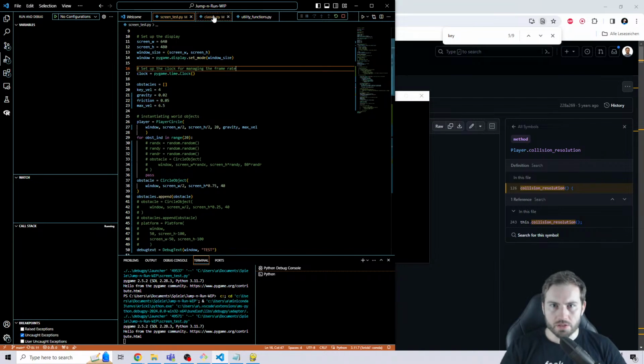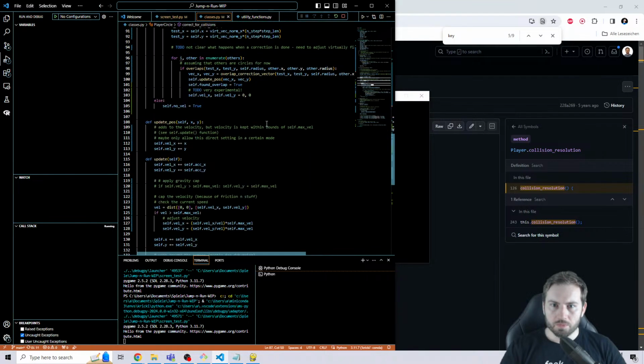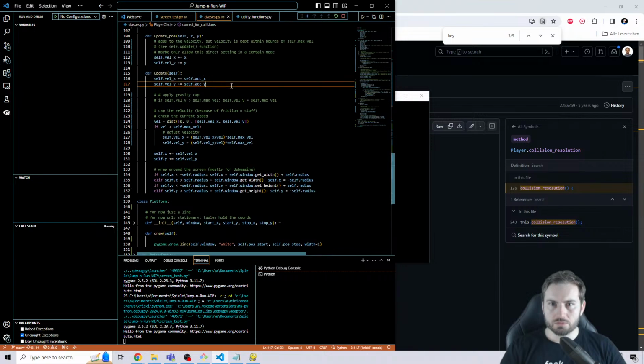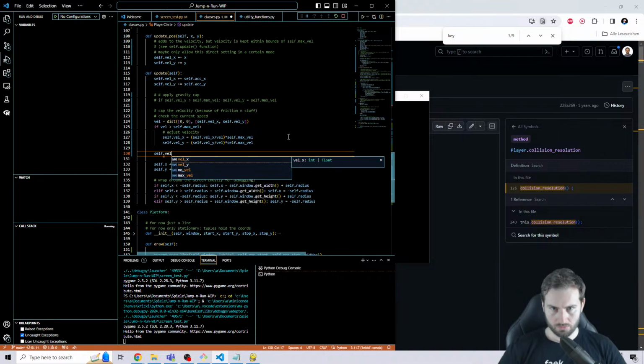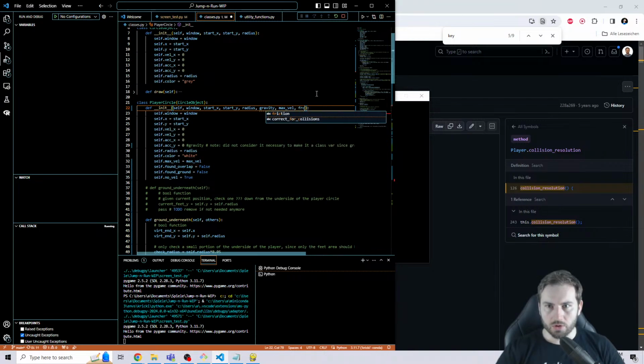So that in every update the velocity is reduced by friction. Really have to bundle these things together in some kind of world class or something. But for now, do it like this.